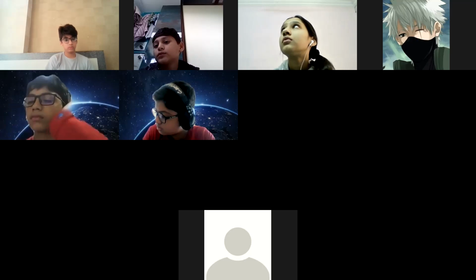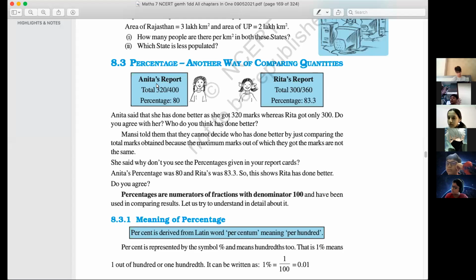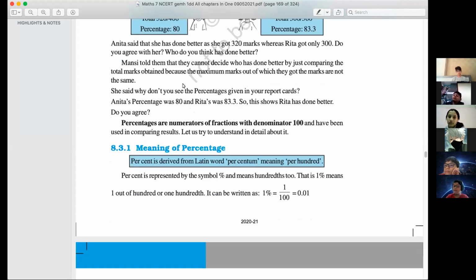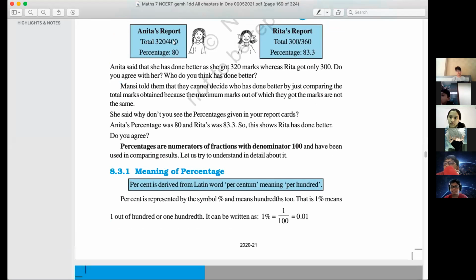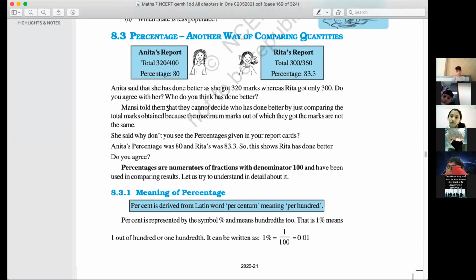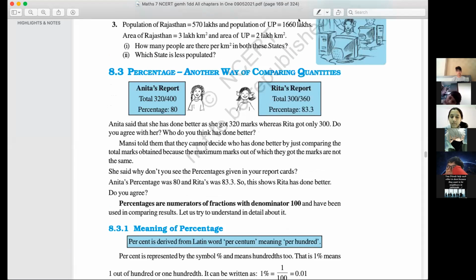Okay. Let us see the chapter. What is given in the chapter? Percentage, you can see Anita's report 320 by 400 she got. Rita's report 300 by 360, and percentage is 83.3. So this way you can find out who has performed better. For percentage, the denominator is 100, so you can easily get it.